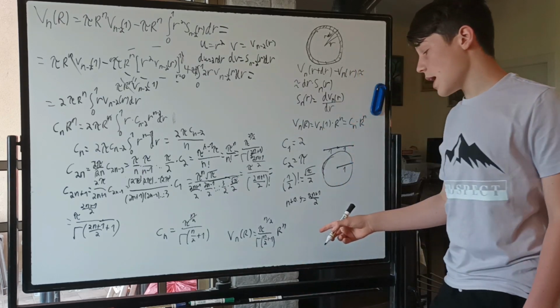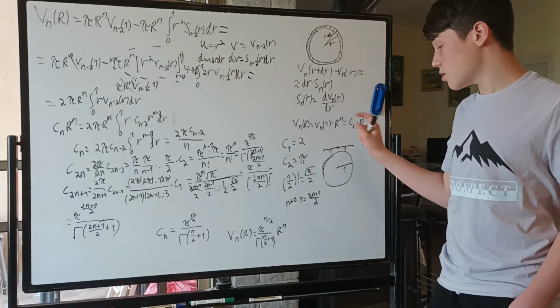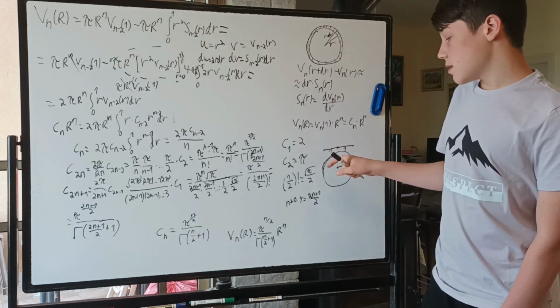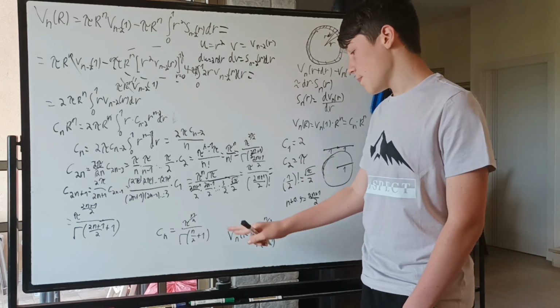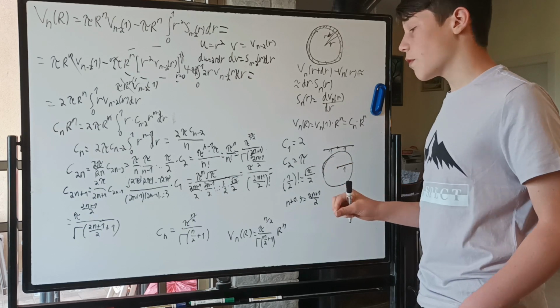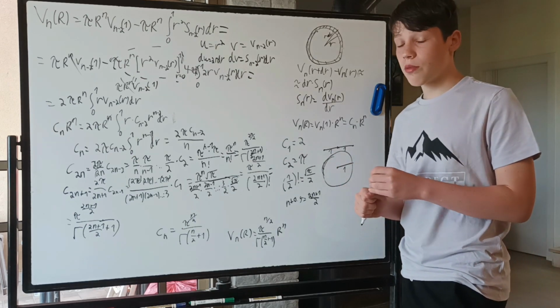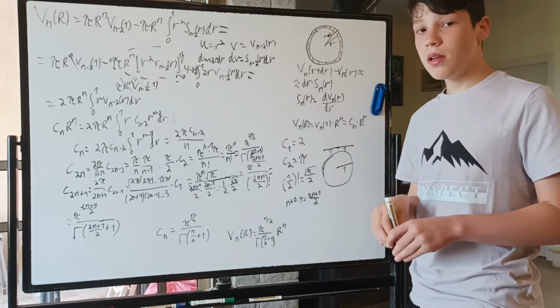And you can really check and find that, let's ignore the coefficients r to the n. If you look at Cn, for 1 it spits out 2, for 2 it spits out pi, for 3 it spits out 4 pi over 3, for 4 it spits out pi squared over 2, and so on.